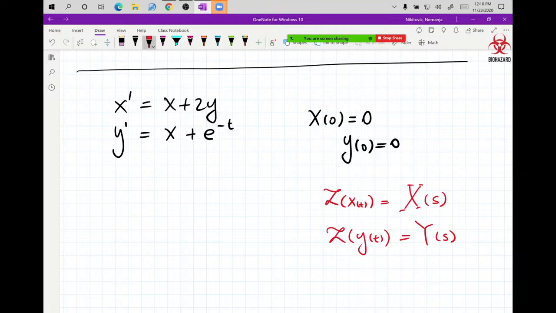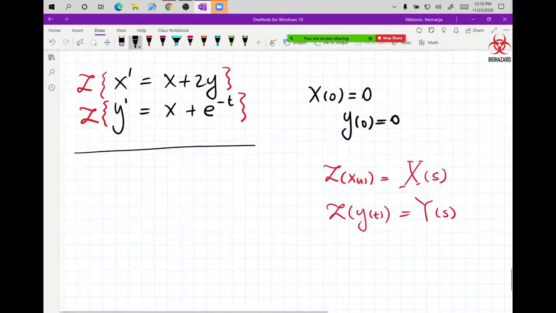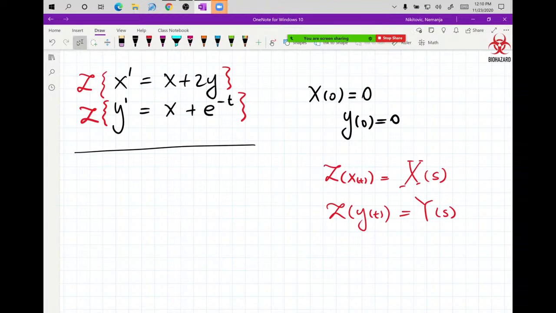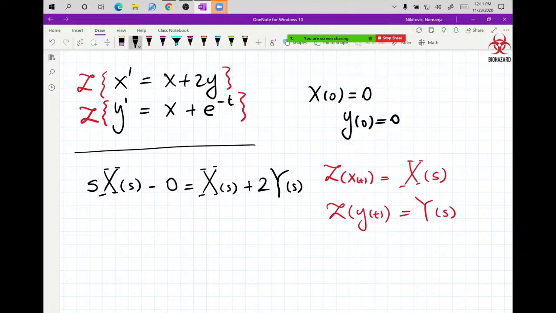And here we're going to hit both of these with Laplace. So the top equation is the first derivative, so it's s X of s minus 0, because you have that condition right there, is equal to X of s plus 2Y of s. Straight conversion of x, right?